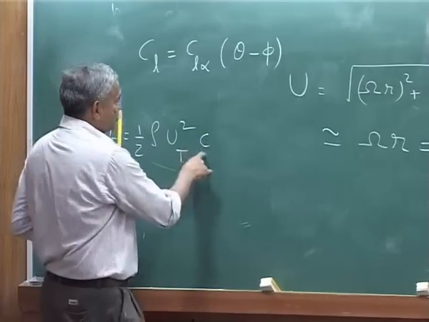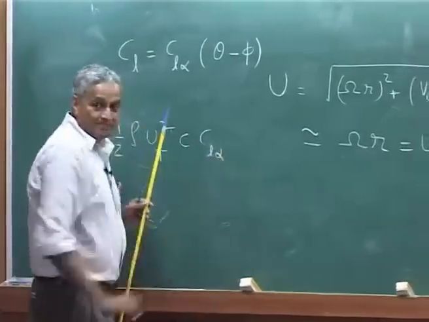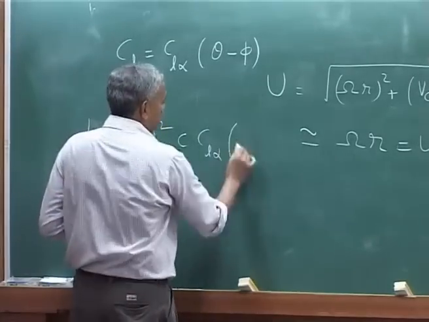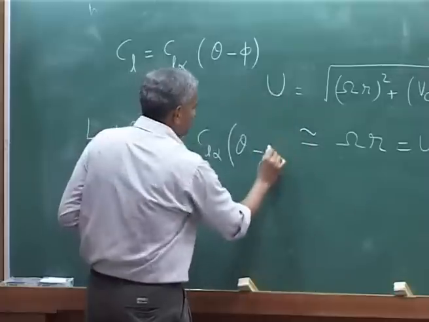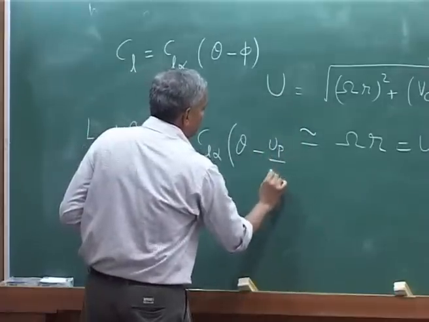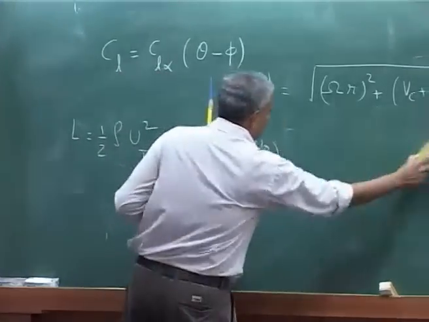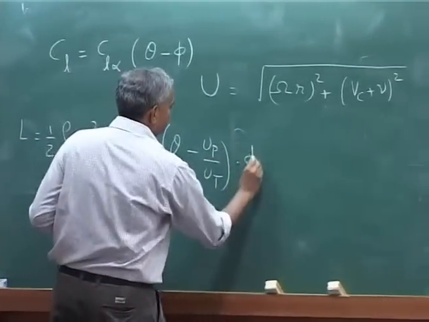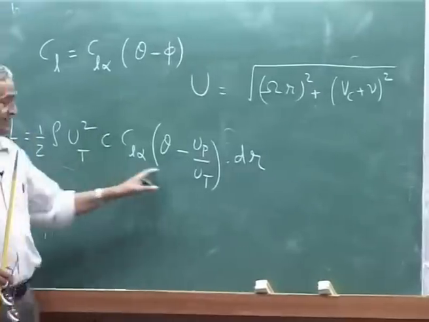Now, if I substitute this value of CL, I will get CL alpha into theta, which is the input, minus phi, which is up over ut, into dr. This is the approximate expression.